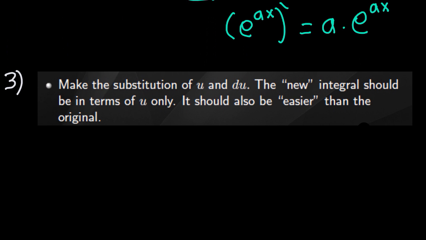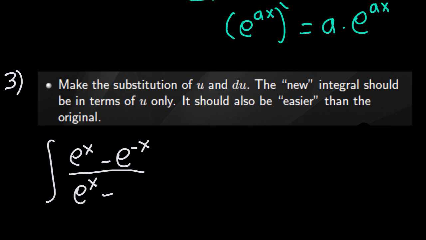My original integral is e to the x minus e to the negative x divided by e to the x plus e to the negative x dx. I'm going to rewrite it so you can see exactly what the substitution is going to be.